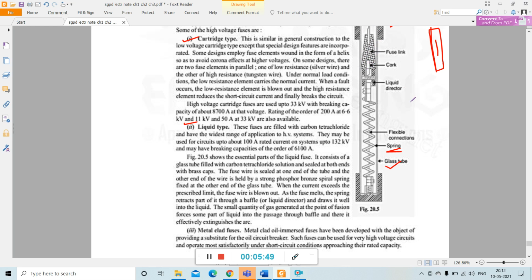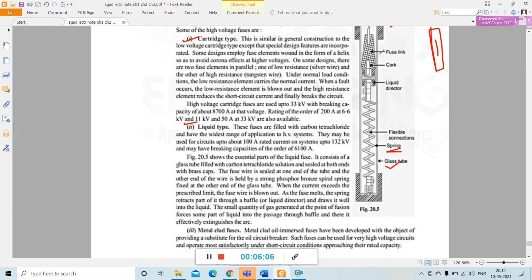The small quantity of gas generated at the point of fusion forces some part of the liquid into the passage through the baffle, and there it effectively extinguishes the arc.